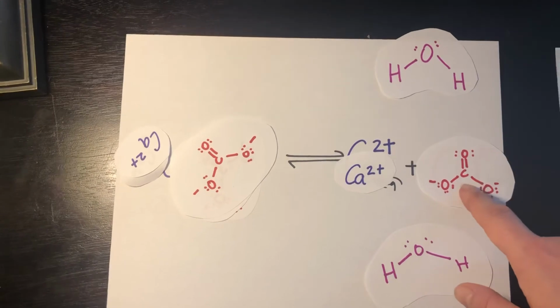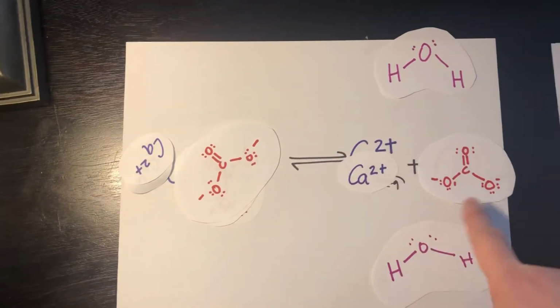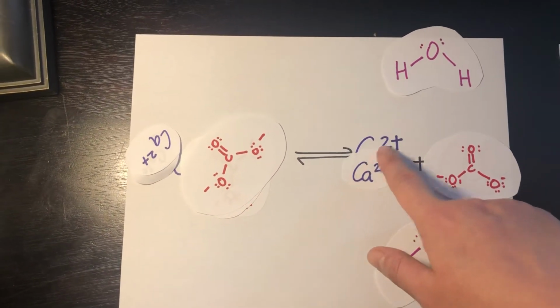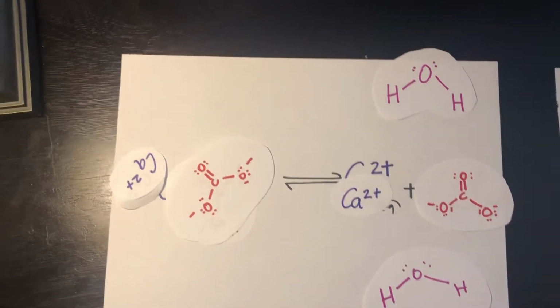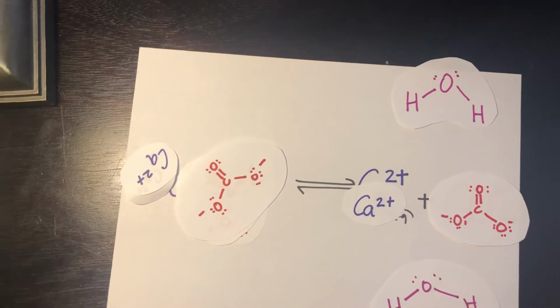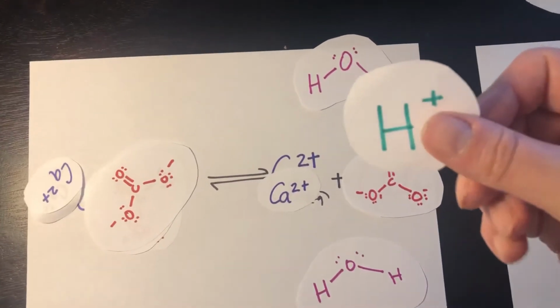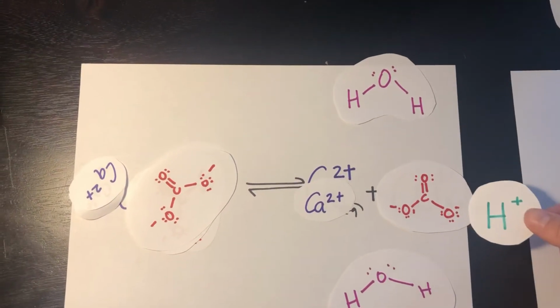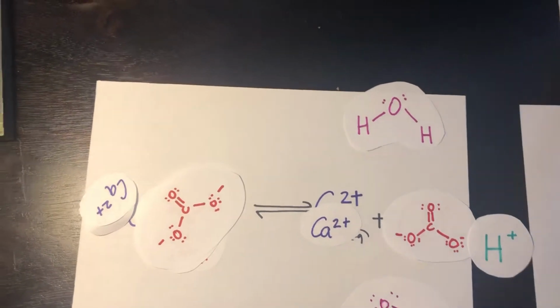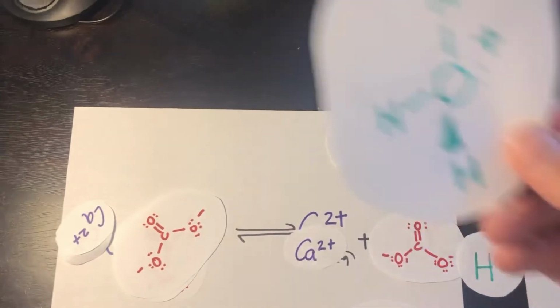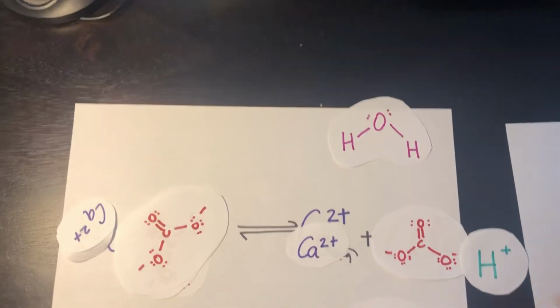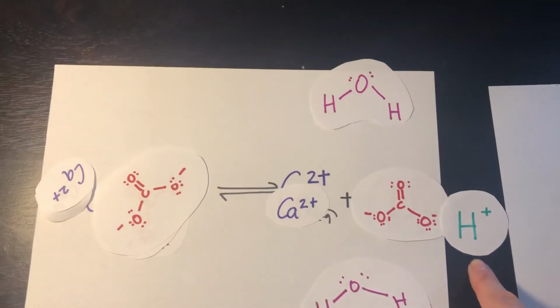Okay, so what happens is I had a solid, my solid put an ion or so into solution, and now if I happen to have a proton, and here's my proton, this is the simplified form of it because it was nice and easy to make. Remember that it's probably coming from H3O plus though. Okay, so here's my H3O plus, but I'm just going to have the ion. Now here's my proton.